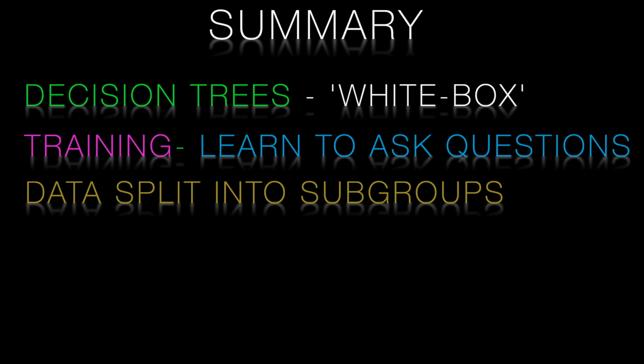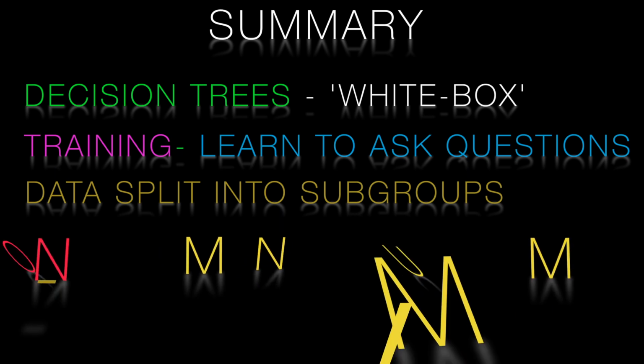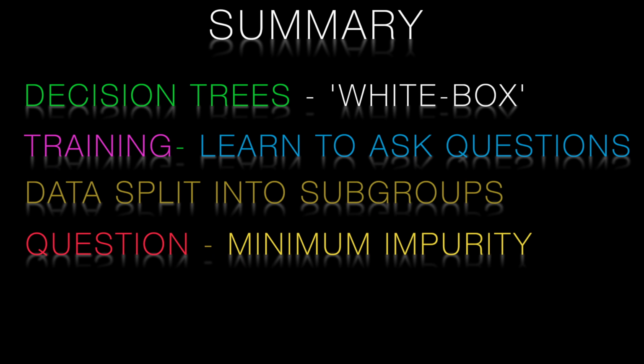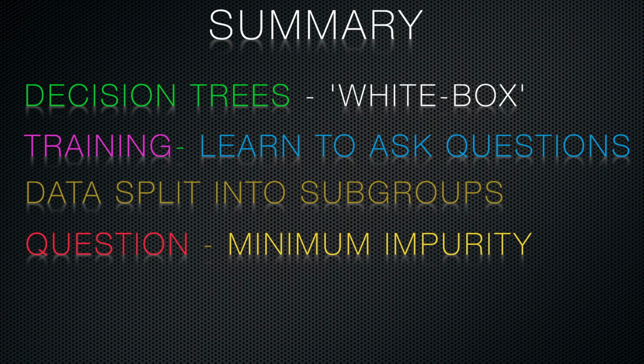Rather than choosing questions at random, the decision tree does an exhaustive search of all possible questions. In this video, the question chosen is the one that splits the data into 2 groups with the lowest weighted average impurity. Other methodologies exist that look at information gain or entropy. Different methods typically don't lead to wildly varying results.